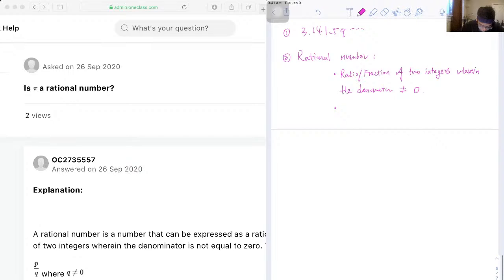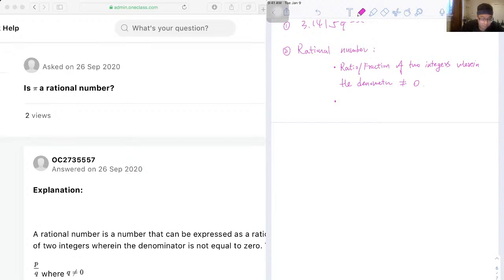So if we want to write that as a formula, it will be p over q, and q cannot be equal to 0.